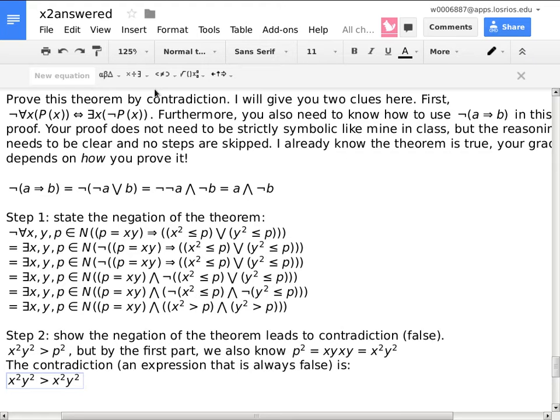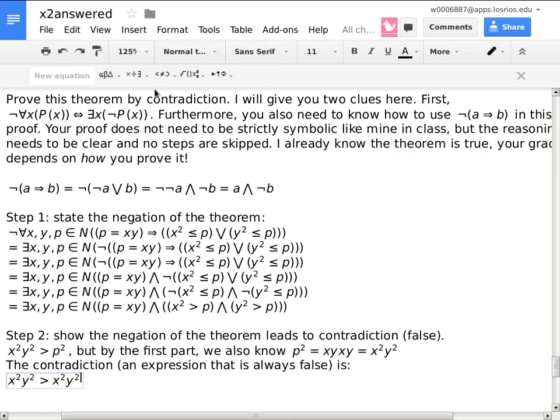Because I'm using p as a connection piece: on the first part, we have x squared y squared is greater than p squared. But what does p squared equal to? It equals x squared y squared. A number cannot be greater than itself.